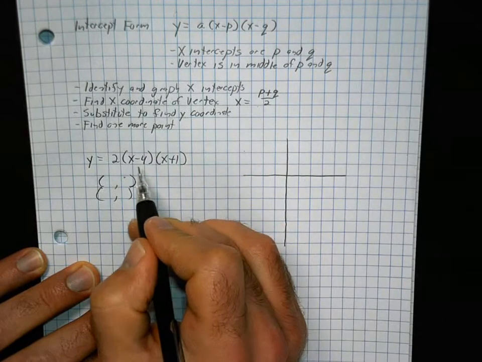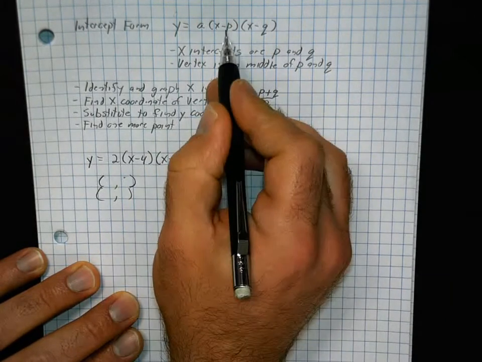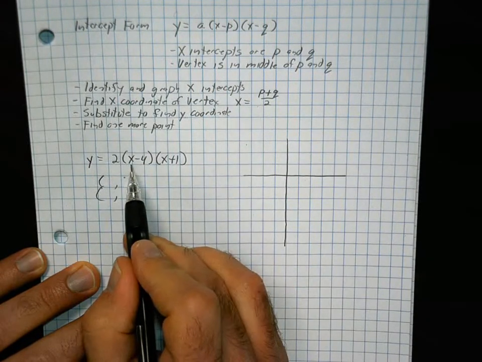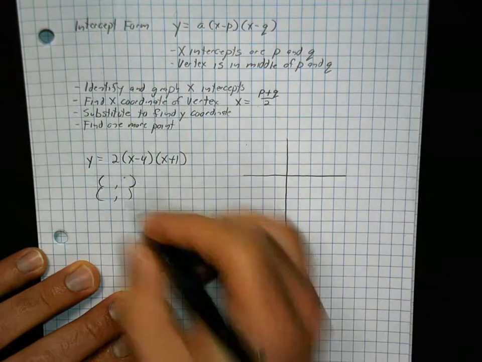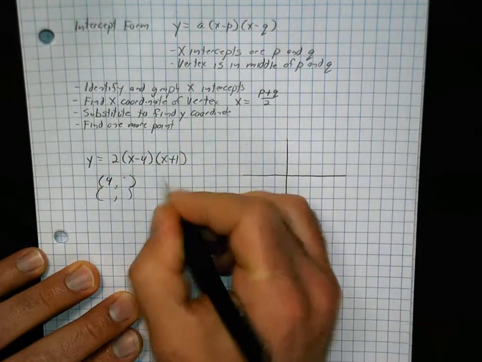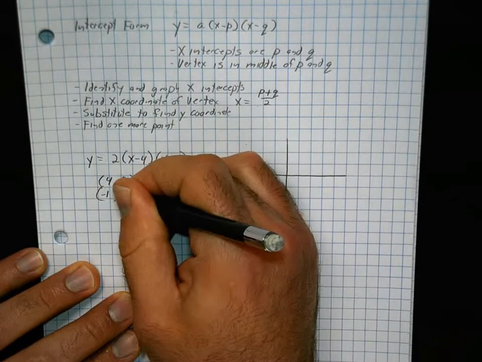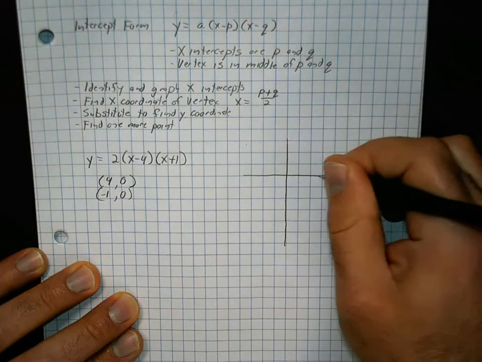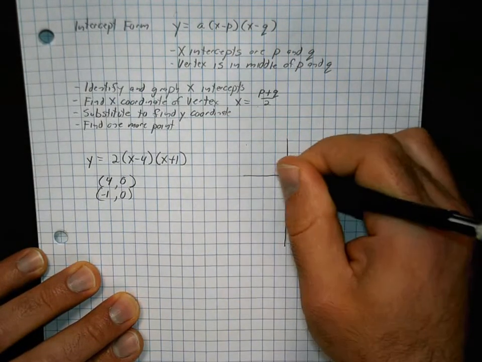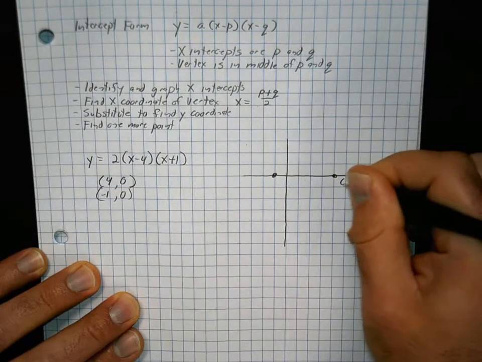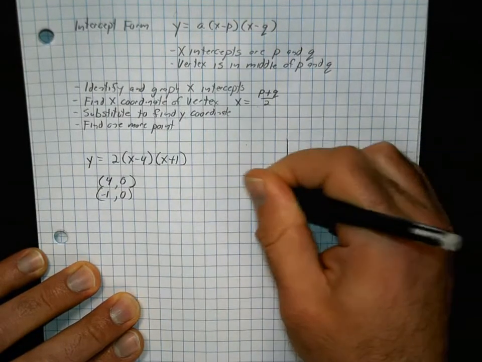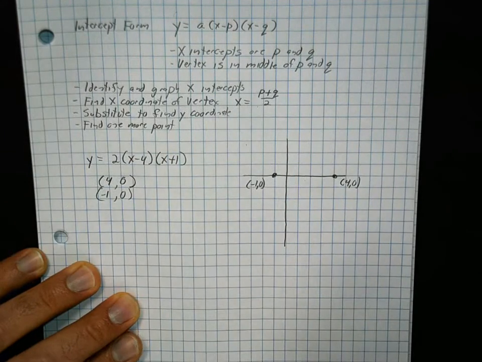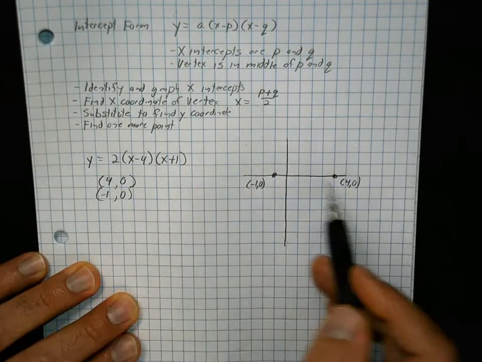So the p in this case, now notice it's opposites again. The other way to think about it is what would make 0 inside of here? Well, that would be 4 and negative 1. So (4, 0) and (negative 1, 0) are my x-intercepts.